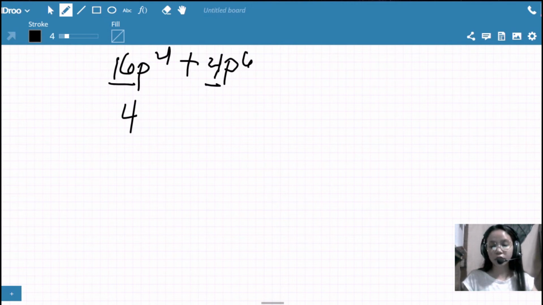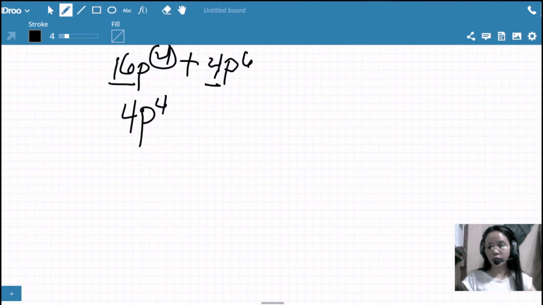And then for the variables, the shortcut here is to consider the variable which has the lowest exponent. Between 4 and 6, the lower exponent is 4. So therefore, the GCF between the variables will be p raised to 4.